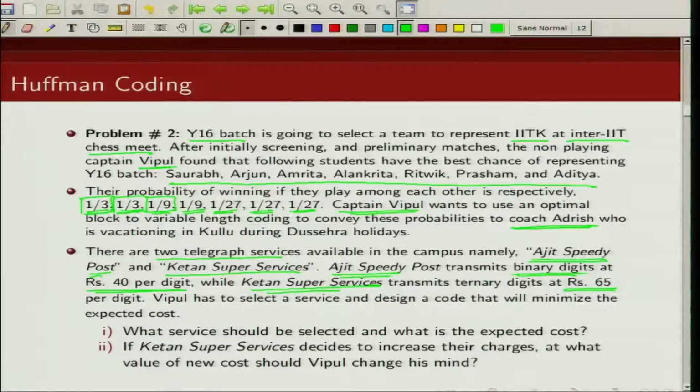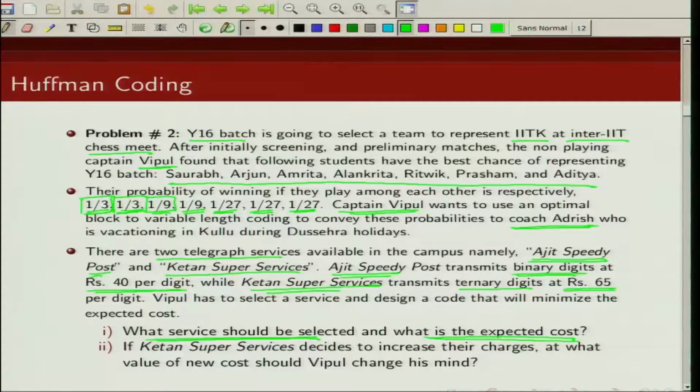He has to either select Ajit Speedy Post, which sends binary bits and charges 40 rupees per bit, or choose Ketan Super Services, which transmits ternary bits and charges 65 rupees per ternary bit.